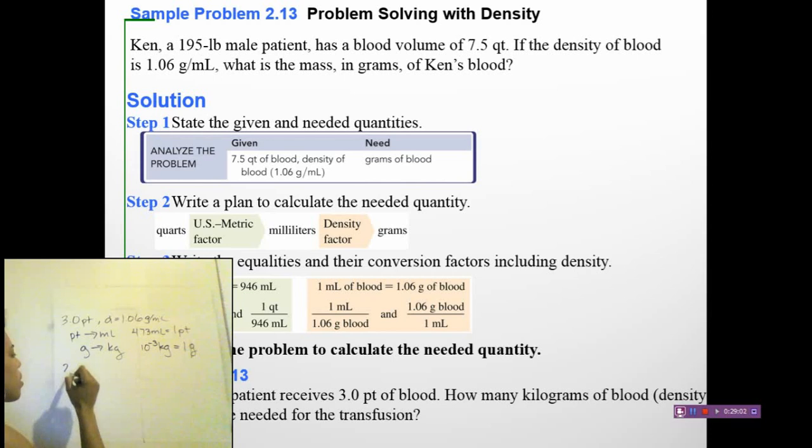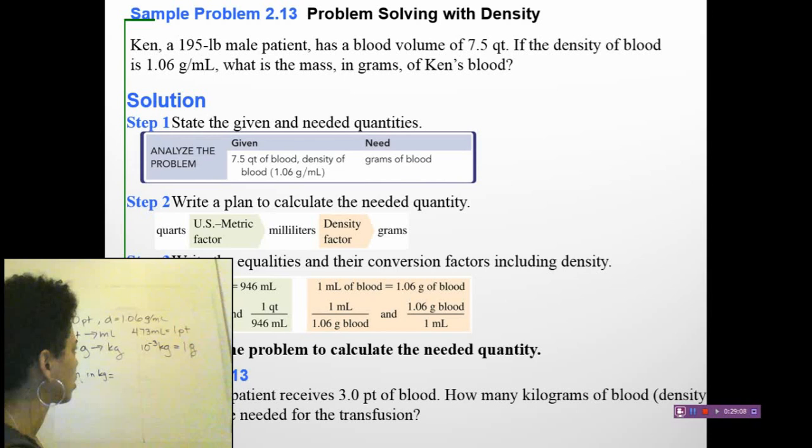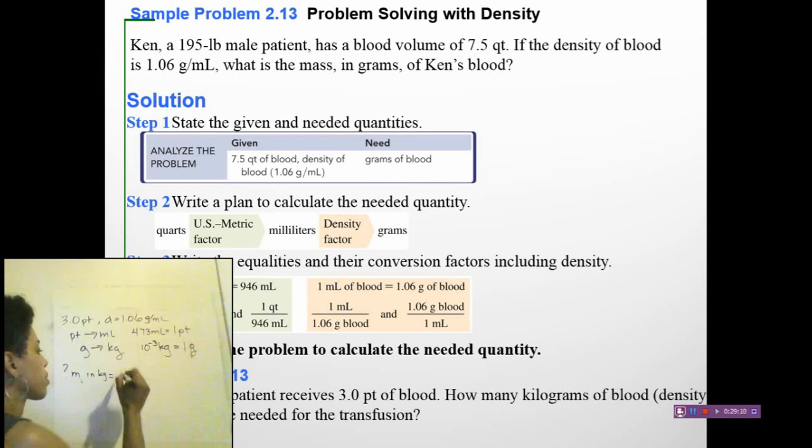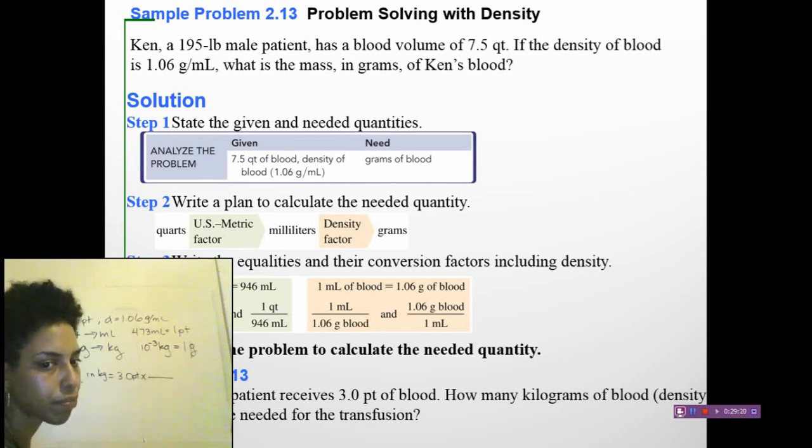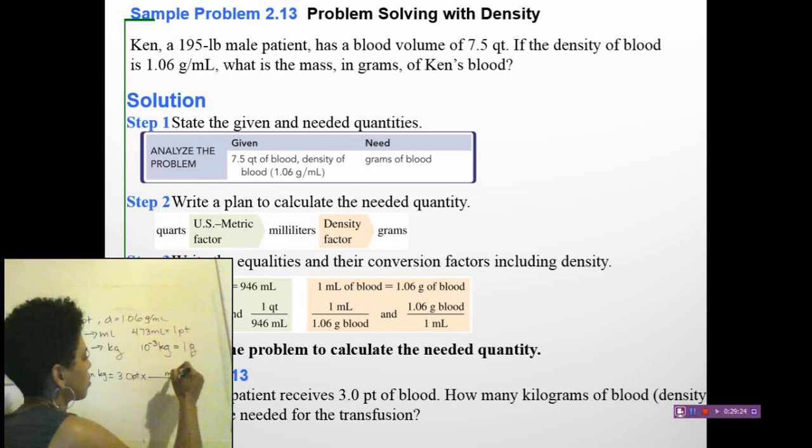So we want to know the mass in kilograms. So we're starting off with what we're given, which is 3.0 pints times this first one here. We want to make sure that we cross out. So we're going to put what on the top? Milliliters, right? So 473 milliliters, 1 pint. So that cancels out our pints.